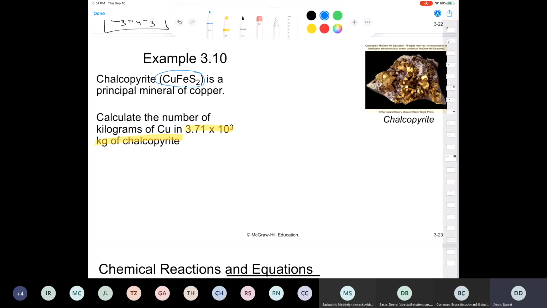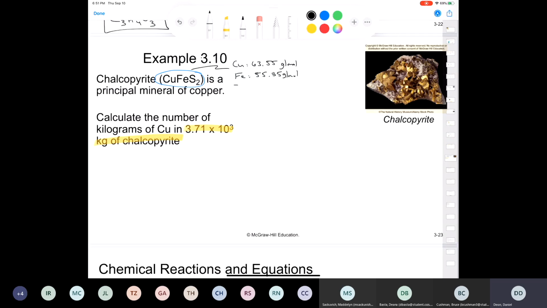Now, I've gone ahead and calculated the formula mass of this compound. The mass of copper, as Madeline said, you have to look that up. It's 63.55 AMU. If you want to write grams per mole, do that. It doesn't matter. You're going to end up canceling them out anyway. Iron weighs 55.85 grams per mole.